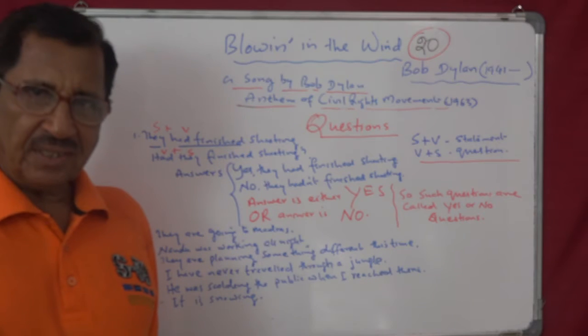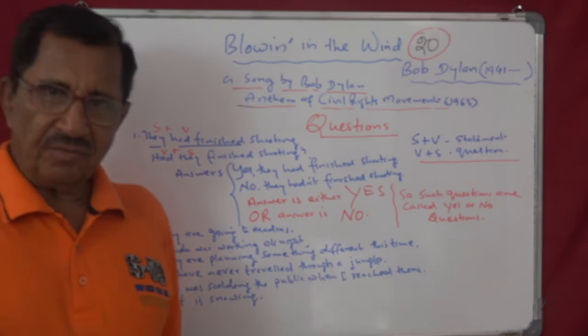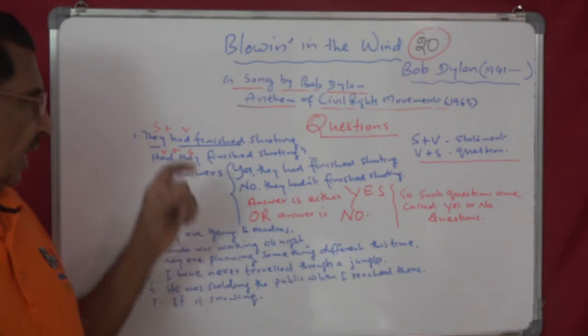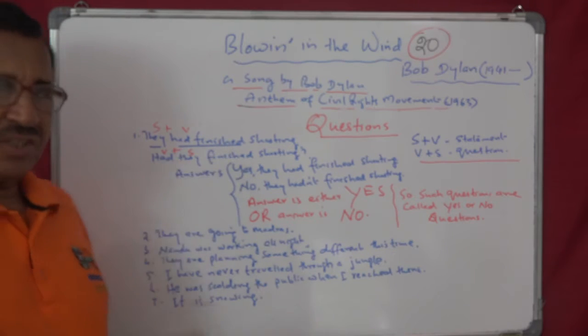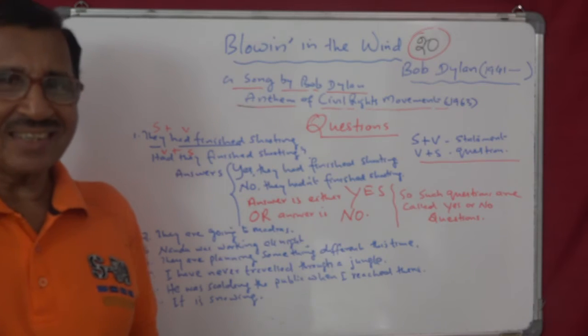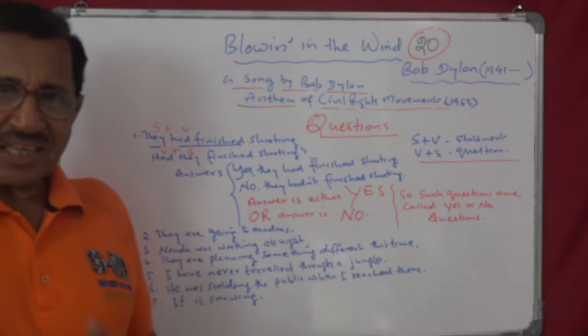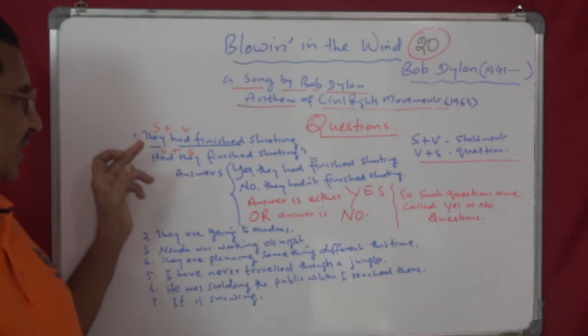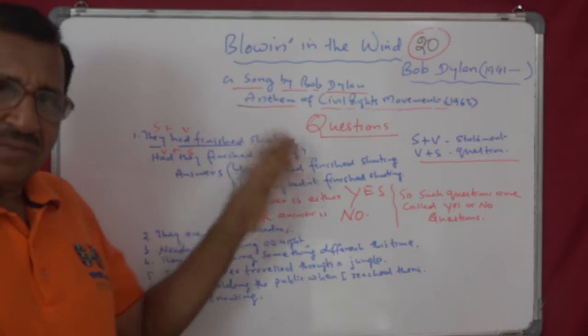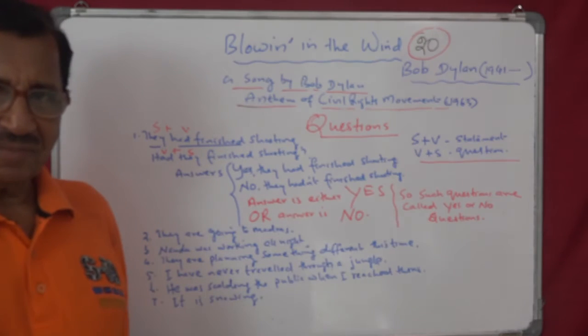First you have the subject, then you have the verb. In this case the verb has two members, had and finished. You have to note that this is a very important point.